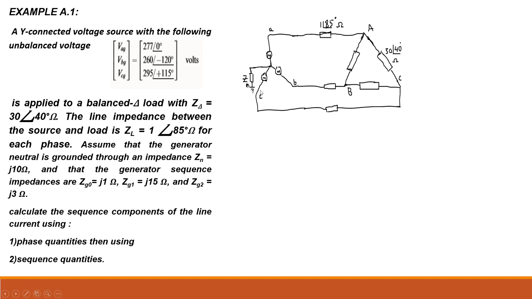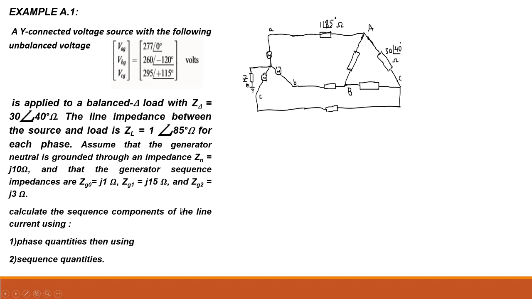The generator neutral is grounded to the earth through an impedance of j10 ohm, and the generator sequence impedances are j1 ohm for the zero sequence impedance, j15 for the positive sequence impedance, and 3 ohm for the negative sequence impedance.